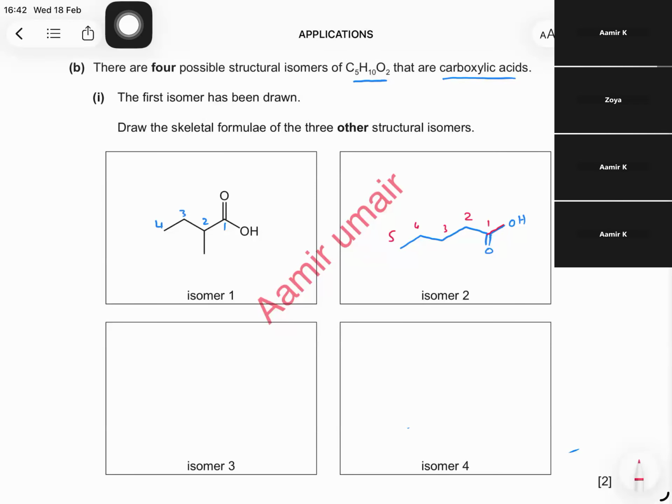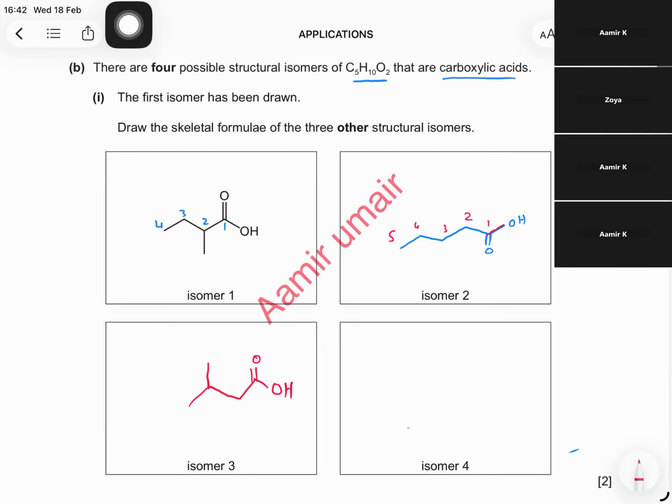What else? 1, 2, 3, and then I can put a branch here.